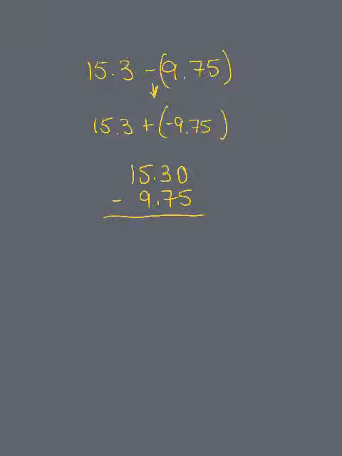Now I need to subtract. So I can't subtract 5 from nothing, so I need to borrow. So 10 minus 5 is 5. So I can't subtract 7 from 2, so I need to borrow. 12 minus 7 is 5. 14 minus 9 is 5.